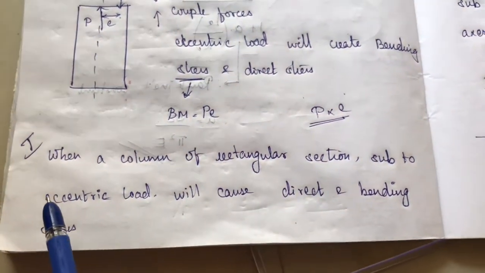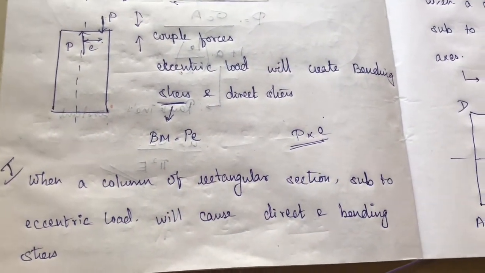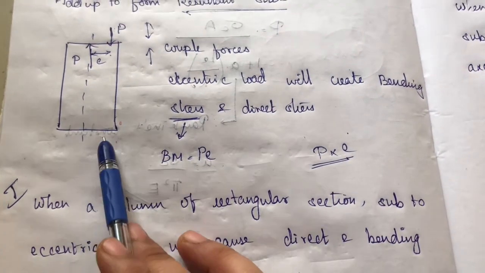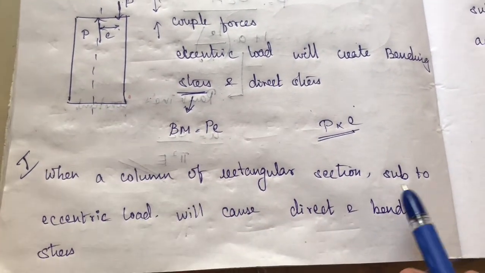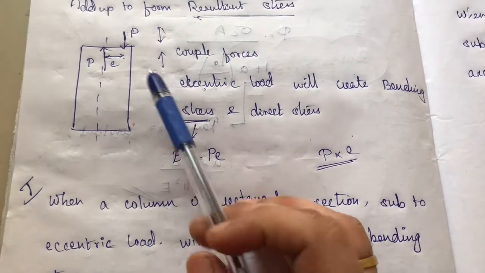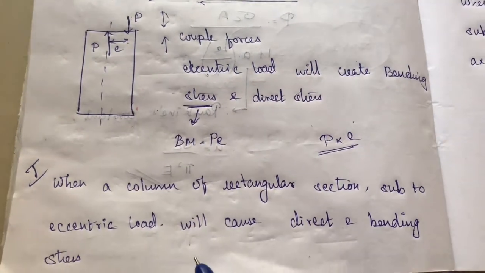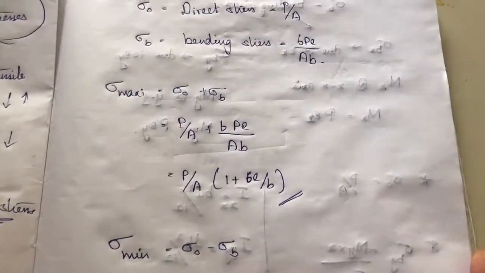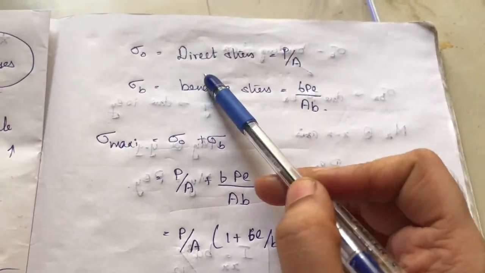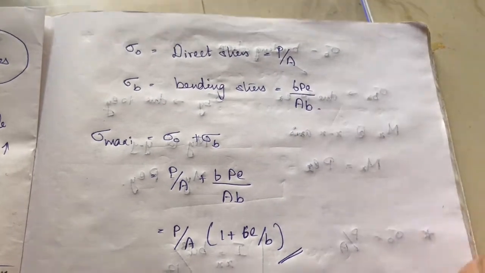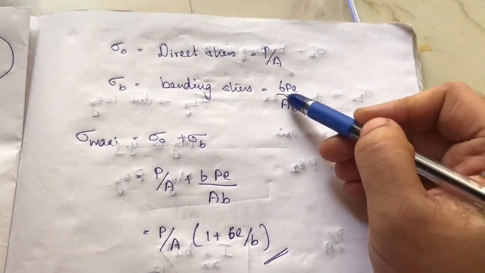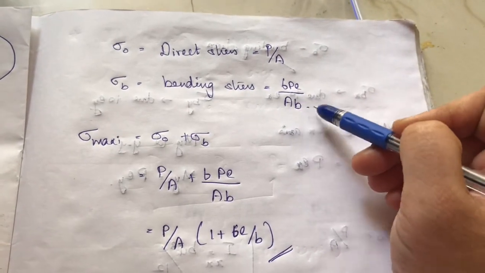Okay, so first we're going to see the first condition, a column of rectangular section subjected to eccentric load. You can see here, eccentric load will cause direct and bending stress. So what will be the direct stress here? Direct stress is nothing but P by A. But bending stress will be 6 times PE by AB.